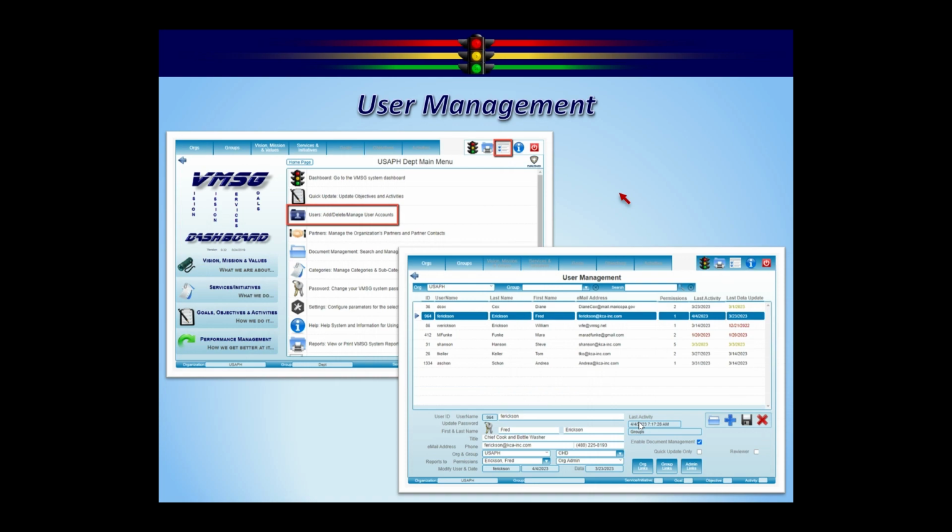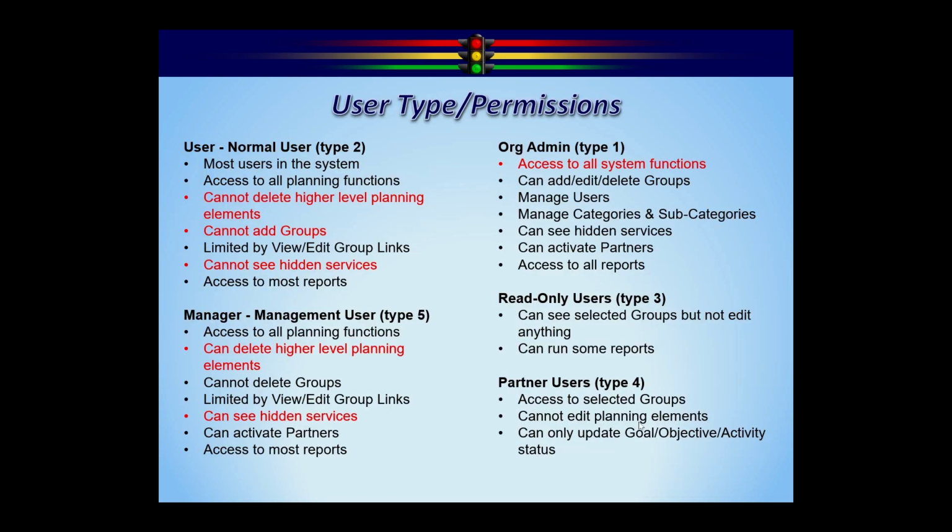Okay. Here's the different permission types. Most of the users are normal users, we call them. They access most of the planning functions, in fact, all the planning functions. So they can edit anything from a service all the way down to an activity. They cannot delete higher level planning elements. And when I say higher level, that means higher than an objective.